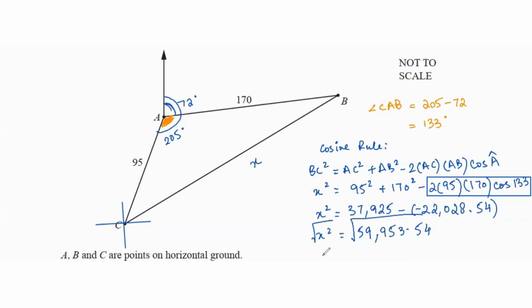And that's going to be 244.9 meters. Then it says find the bearing of A from C.